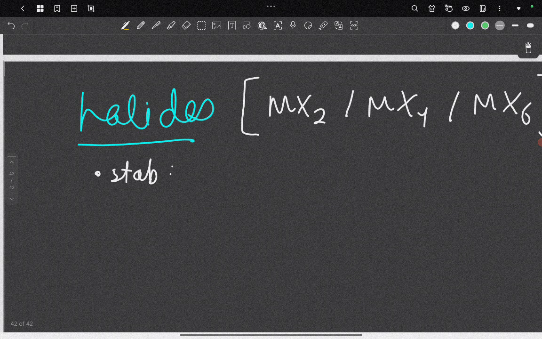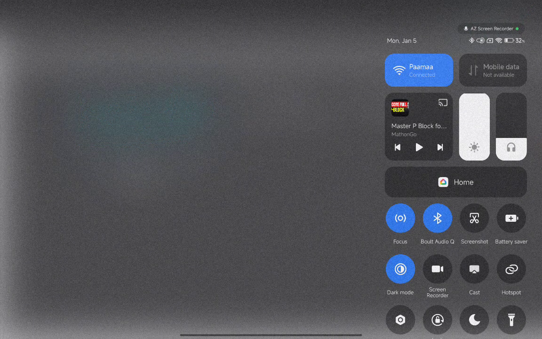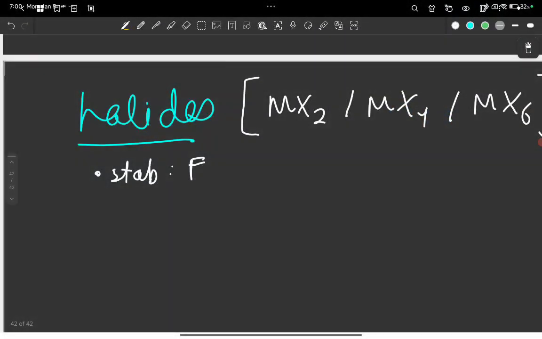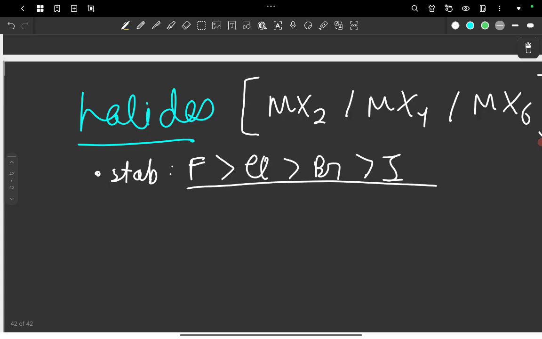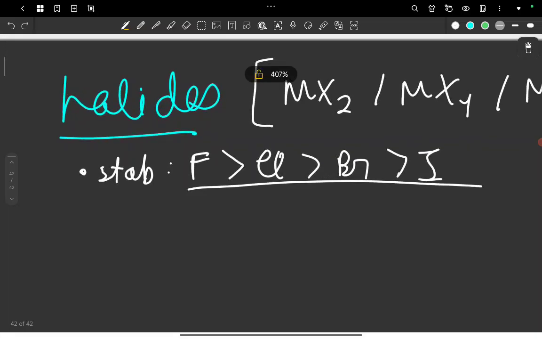Fluorides are the most stable. Fluorides are more stable than chlorides, than bromides, and than iodides. This is of course because of the small size of the fluorine atom, they are better accommodated around the metal, and this is how the stability increases from iodine to fluorine.